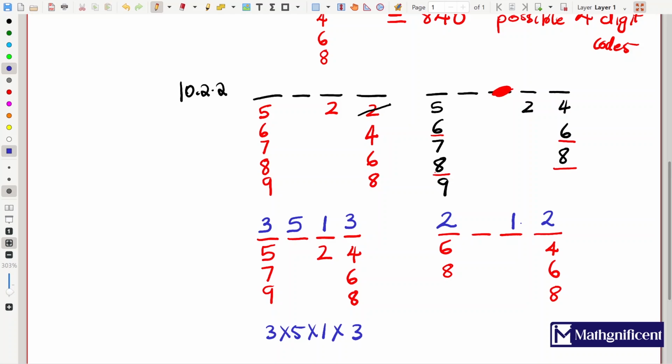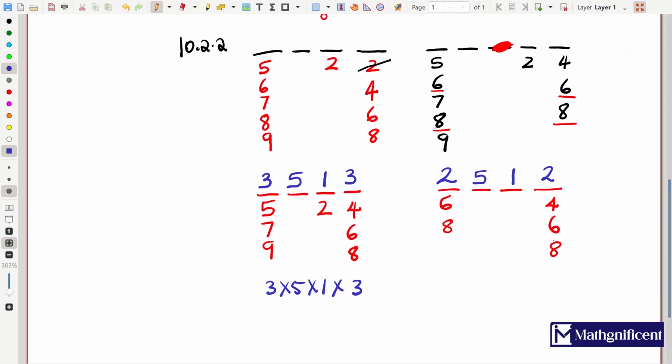Now, to choose the third digit, remember we only have one choice here. We can just say this is 1. And then to choose the second digit here, how many choices do we have? We still have 5 choices to choose from. So we have to write 5 here. Then now, how do we handle this? We know that this condition can happen in 2 times 5 times 1 times 2 here.